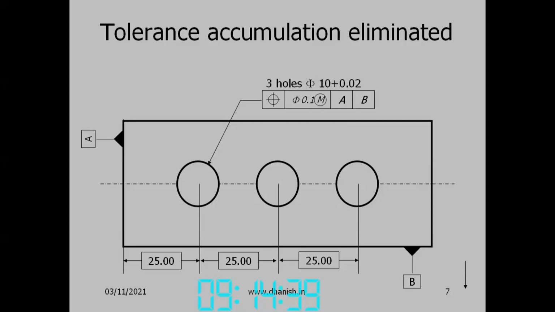For example, you have these three holes, with positions 25 from here, 25 from the center of this hole, and 25 from the center of this hole. If you write like this, the tolerances are all 0.1 diameter with respect to the true position.